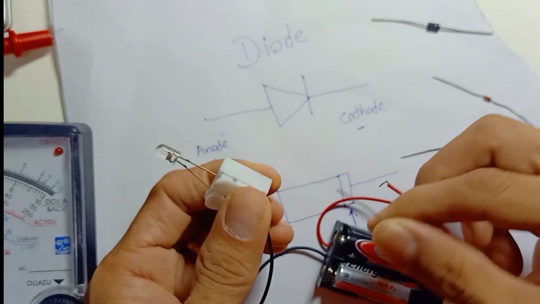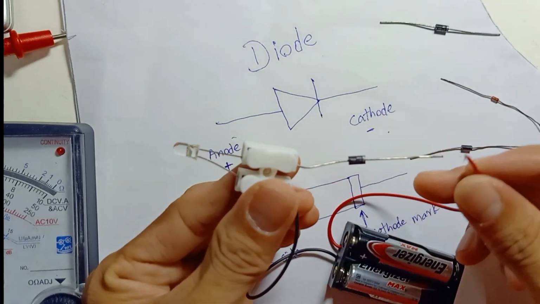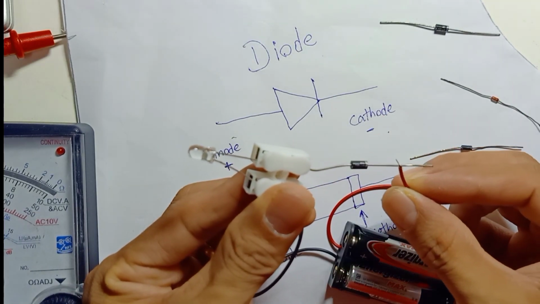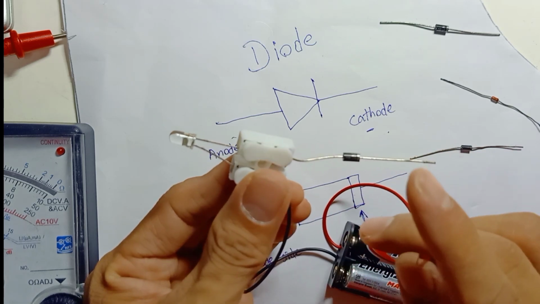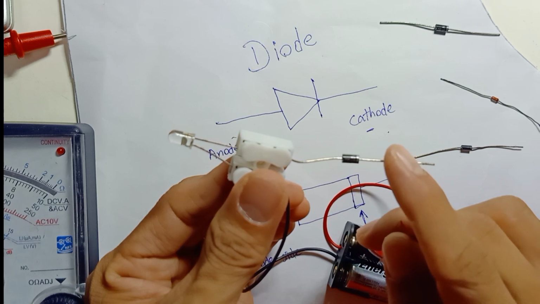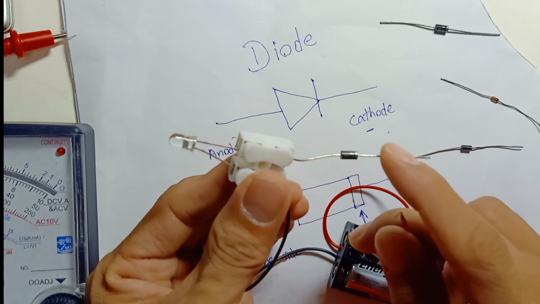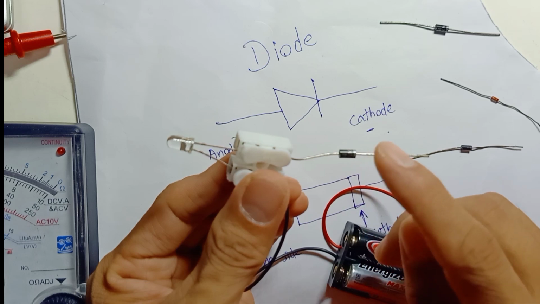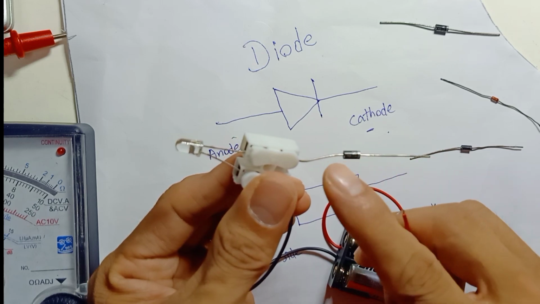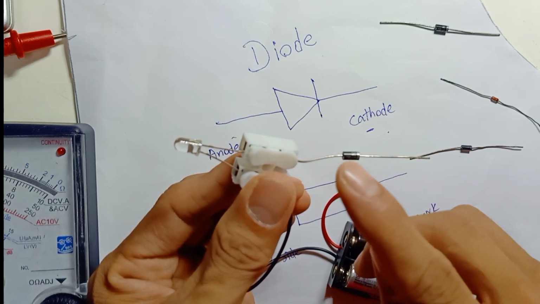If you reverse your diode, the LED will not light because the voltage is blocked. The purpose of the diode is, in case you connect positive and negative wrongly, your circuit board will be protected.